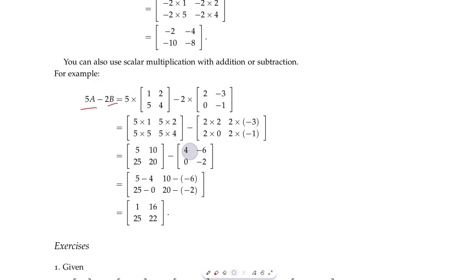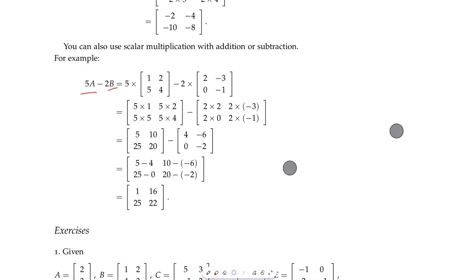So 5 minus 4, that's what you can see here; 10 minus minus 6; 25 minus 0; 20 minus minus 2. That will give us 1, 16, 25, 22. So this is what we have to understand under addition of matrices, subtraction of matrices, and scalar multiplication of a matrix.